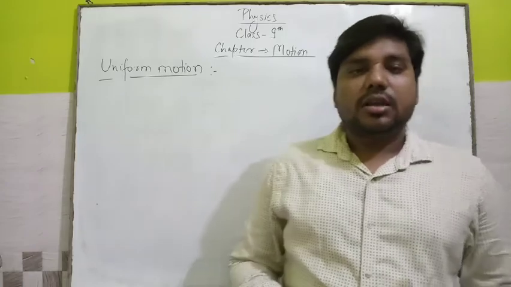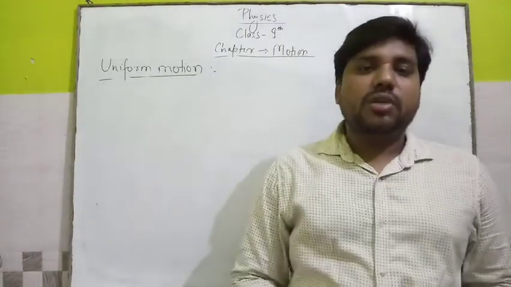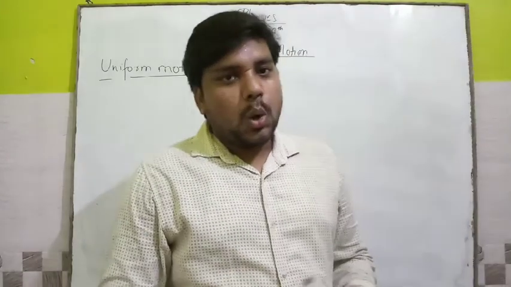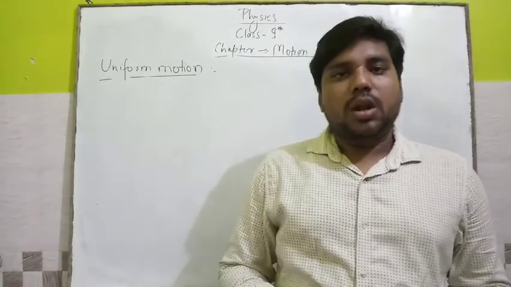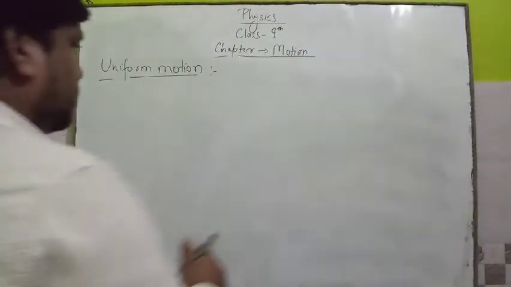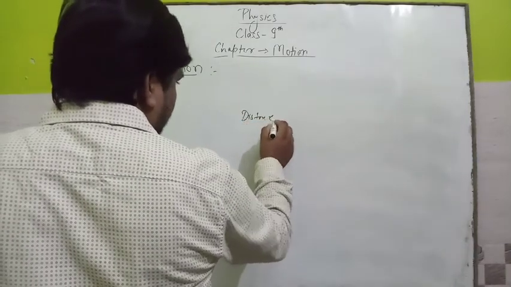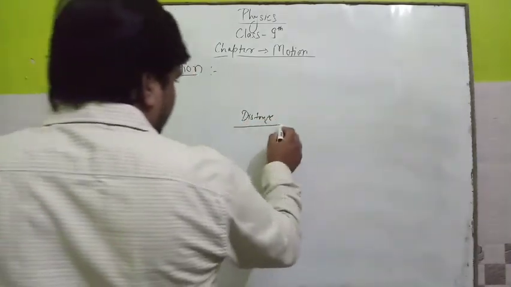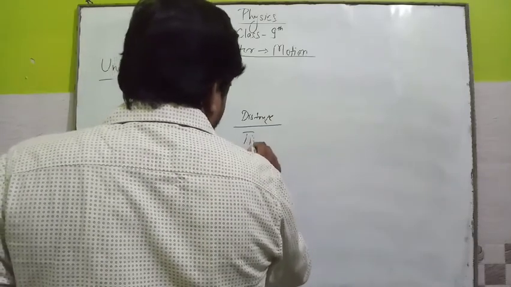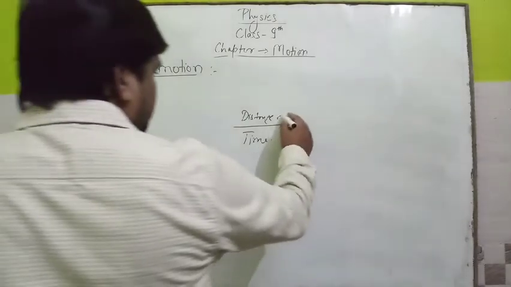Let's first see the meaning of uniform. What do you mean by uniform? Uniform means equal. So you can say that in motion there are two terms: covering distance and time.